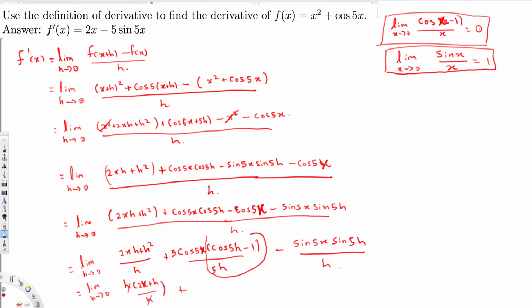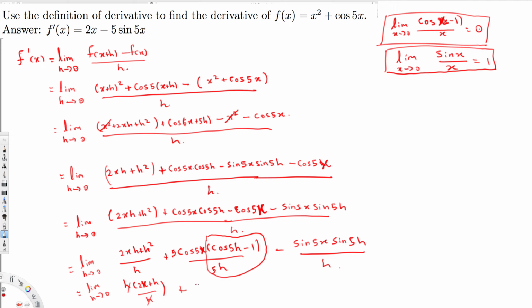I can't apply that yet since I am keeping the limit here, so I can bring one more step right here.